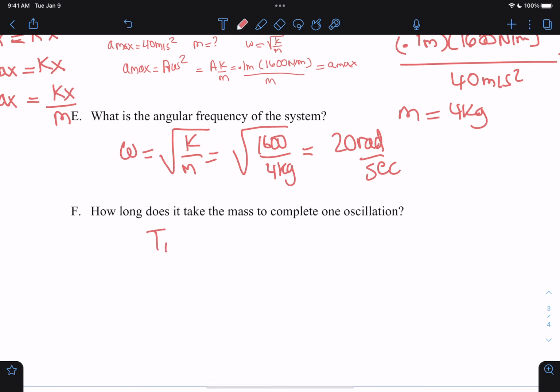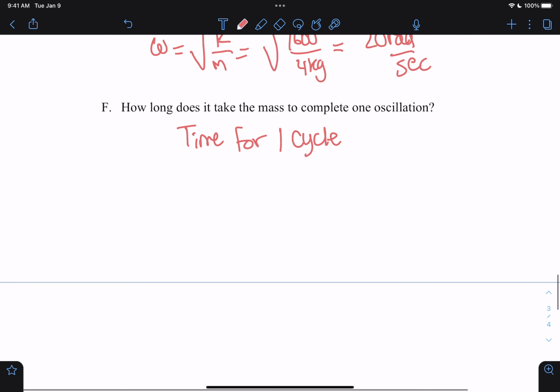And then what is this defined as? The time for one cycle or one oscillation. What do we call that? Period, right? So this is our period, the time it takes for one cycle.